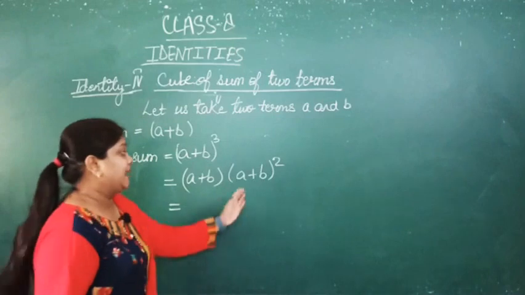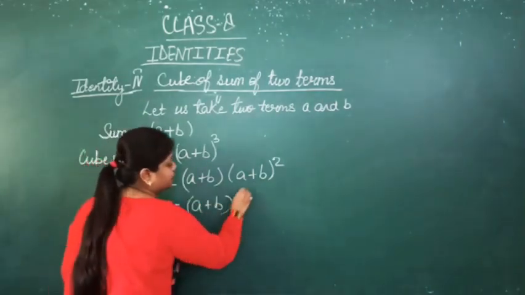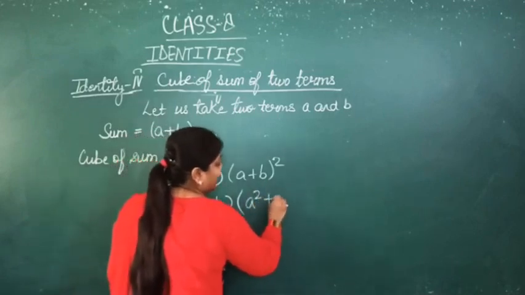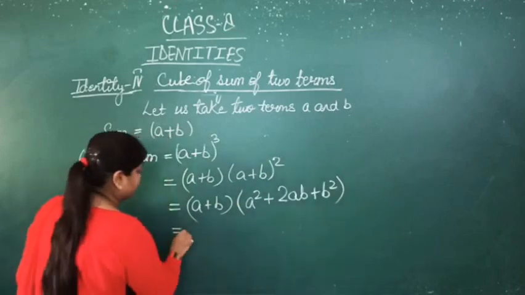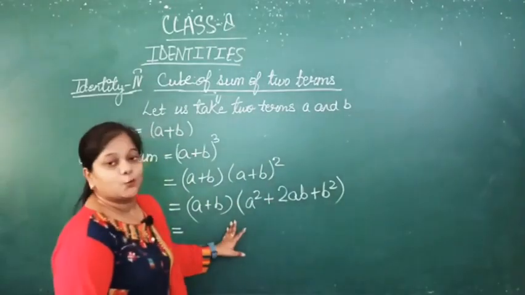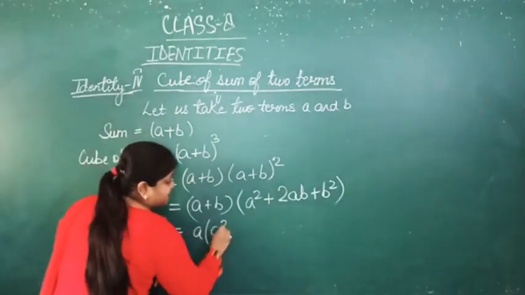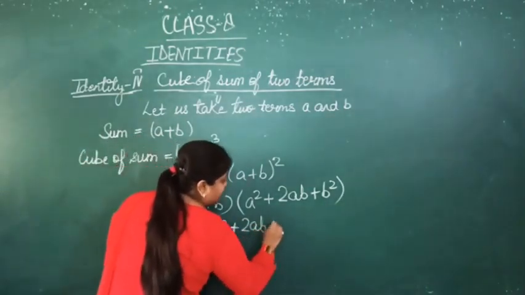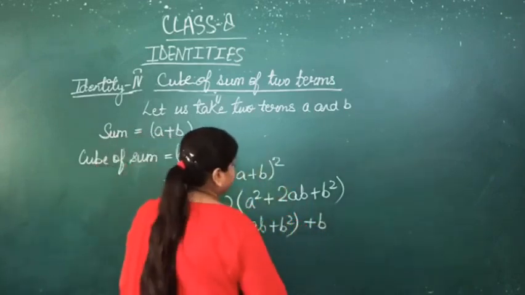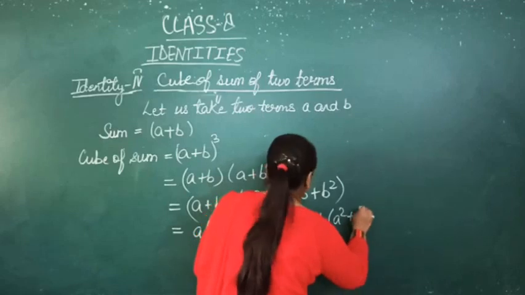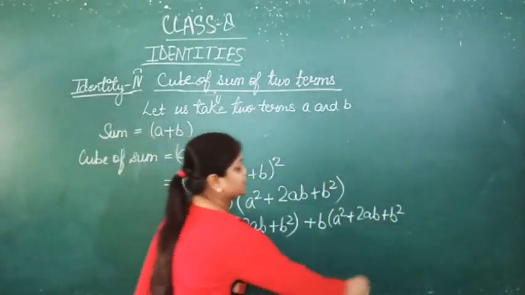We all have learned (a plus b) whole square. Now (a plus b) into (a square plus 2ab plus b square). This a plus b will be multiplied to this whole bracket. A into a square plus 2ab plus b square plus b into a square plus 2ab plus b square.